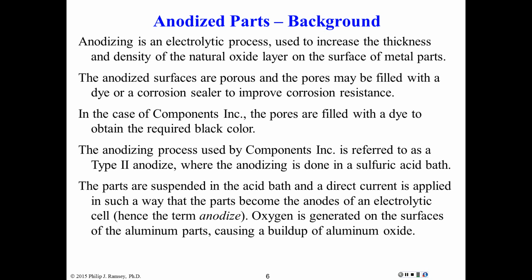And this particular process is called type 2 anodized. This is actually very common for aluminum material, and it's done in a sulfuric acid bath. Basically, you clean the parts, you suspend them in the bath for a certain period of time, and the parts become anodes, hence the term anodized, and then this oxide layer is allowed to build up.